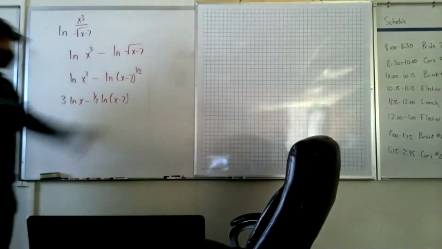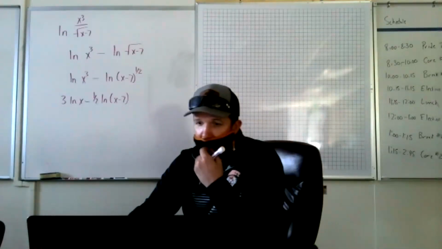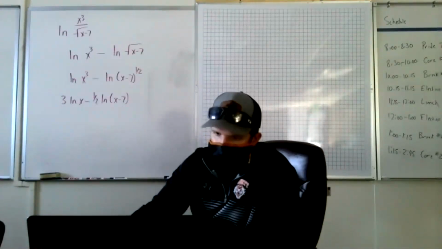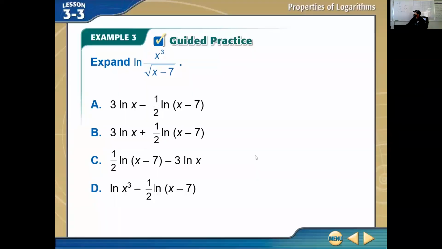And I couldn't do anything with the x minus 7 because those are subtracted, right? I don't have a property that applies to that. So my final answer should be A.